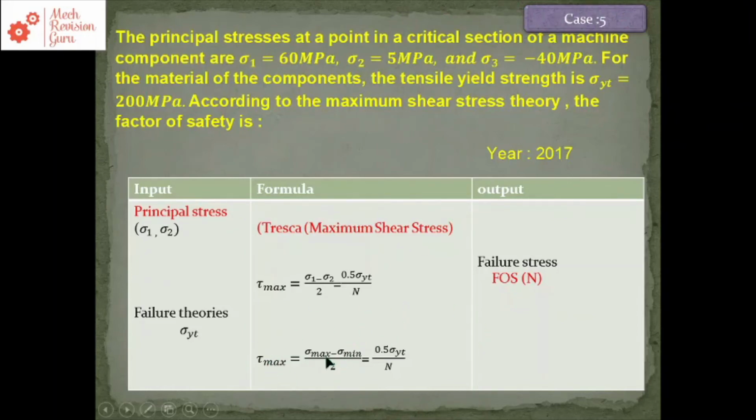In this case, the maximum principal stress minus the minimum principal stress, divided by 2, is equal to 0.5 times yield stress divided by factor of safety. Yield stress is given, and maximum and minimum principal stresses we know. The only thing to find is the factor of safety, using the maximum shear stress theory. This is the formula.